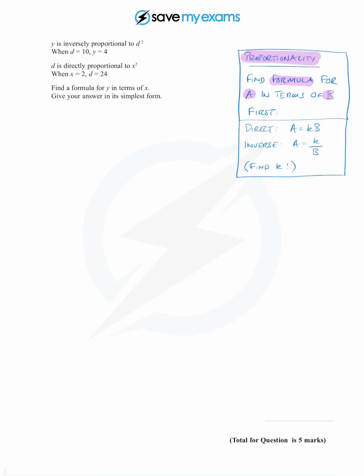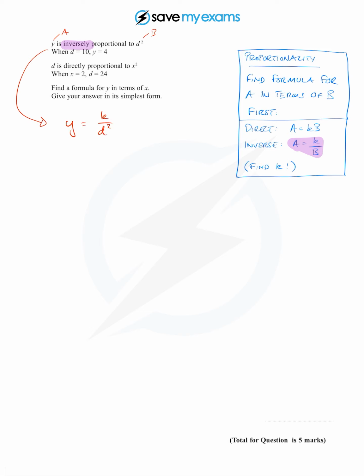So, in the first instance, we're going to say that y is a and d squared is b. And here we go. It is inversely proportional, so we're going to use this one, a equals k over b. So that's y equals k over d squared.